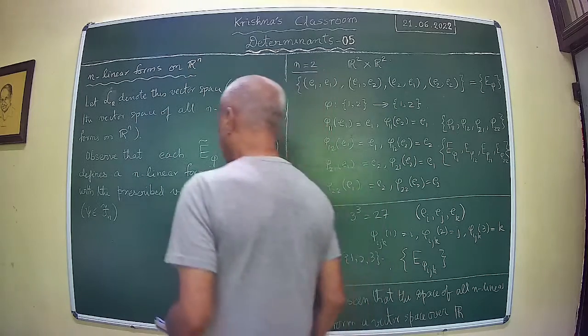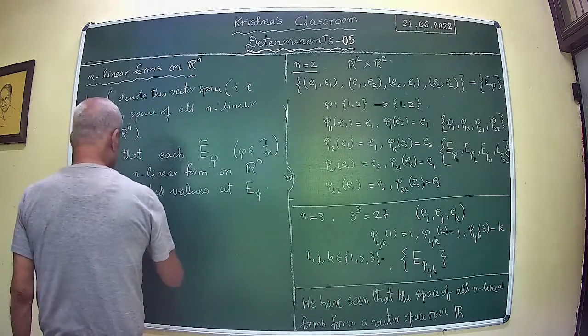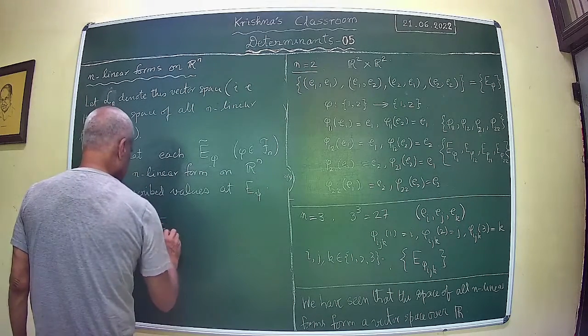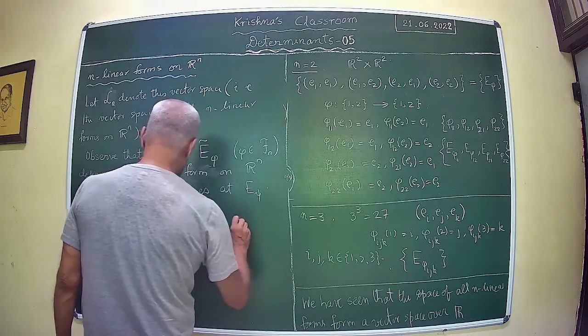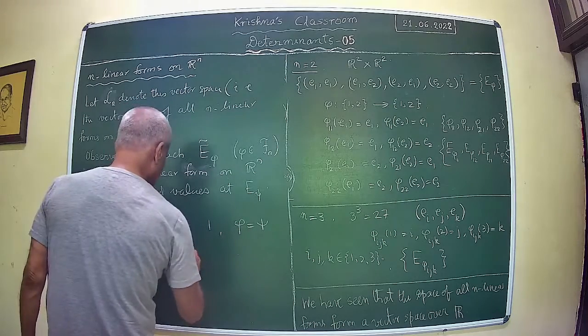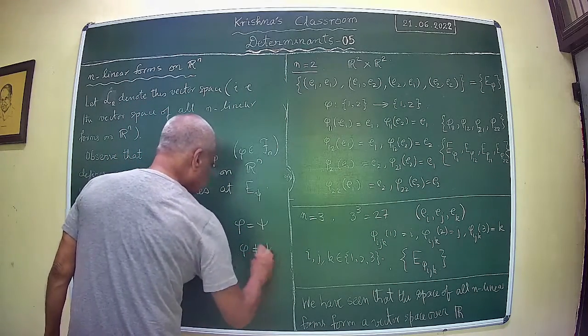Okay. So what we have is this, that is, we have said that E tilde phi of E psi is 1 whenever phi equal to psi, equal to 0 whenever phi is different from psi.